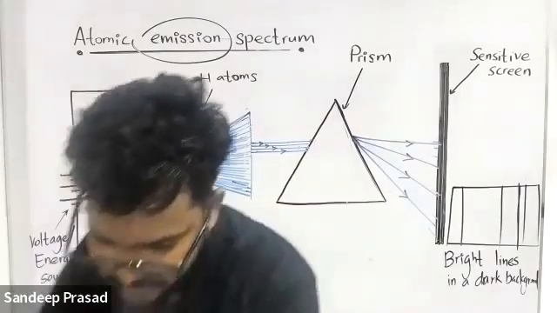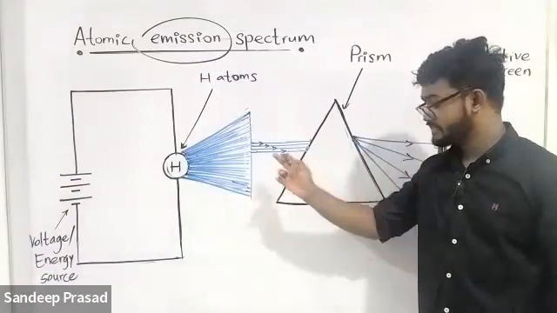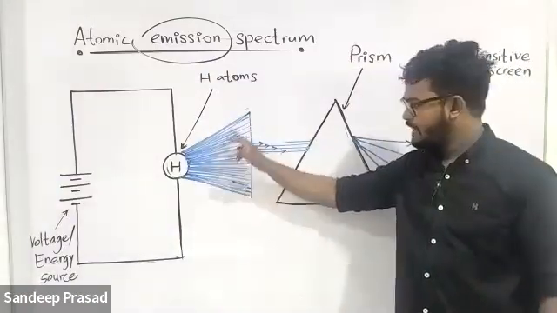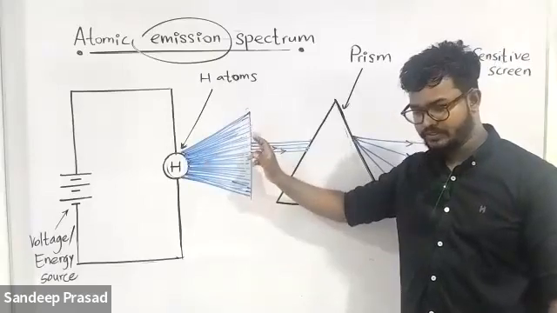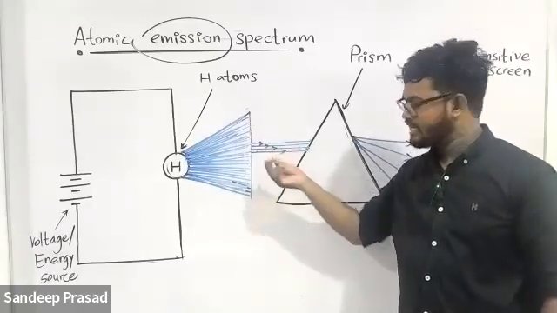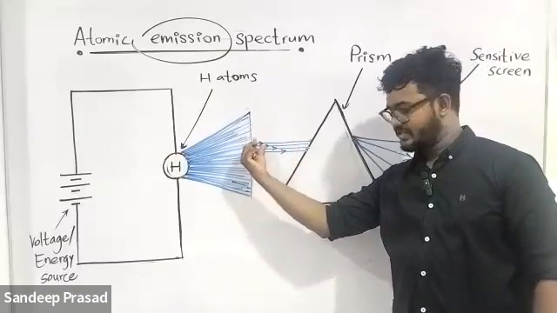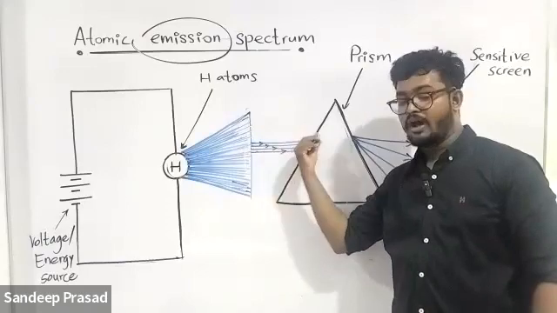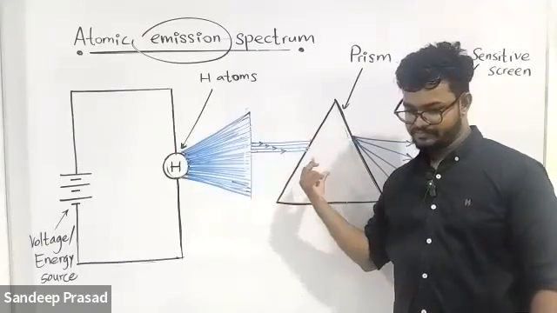This is not discontinuous, right? These are the radiations emitted by the hydrogen atom. As I mentioned, we are using an instrument to collect these energy radiations, and those energy radiations may be released as a sharp beam. That's what happened here.